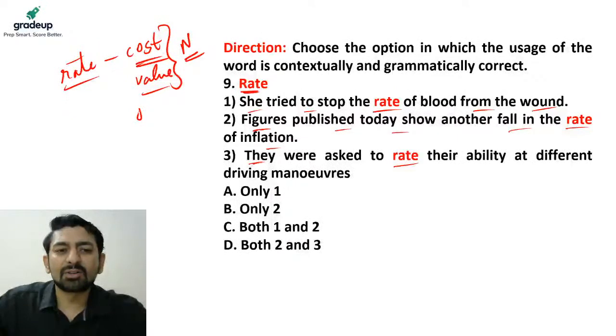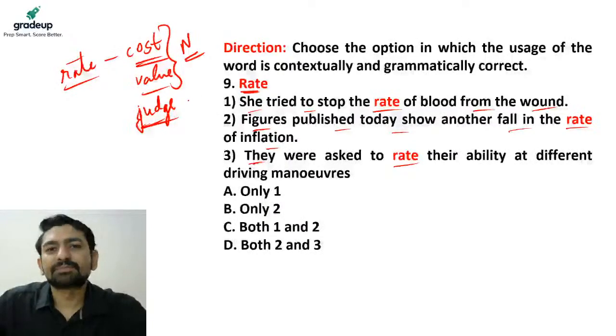Rate can also be used for judging something. How do you rate this class on a scale of 1 to 5? If I say, how do you rate this class, rate means judging. So here it's being used as a verb. And rate can also mean cost or value, which is being used as a noun.